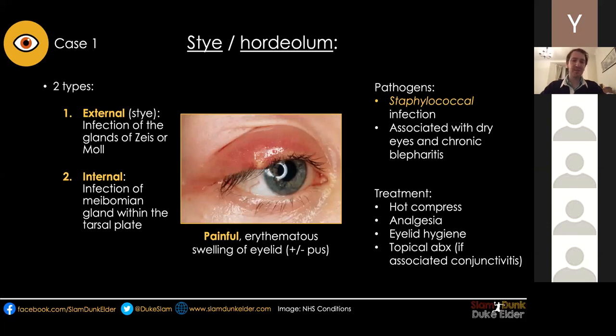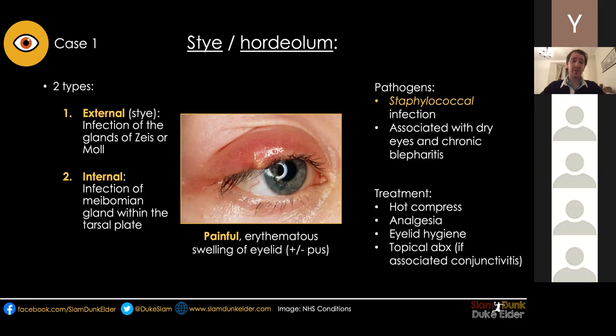So you split these into two types, external and internal. Your external is your stye, which is an infection of the glands of the lash follicle. So this is your glands of Moll, which are sweat glands, and your glands of Zeis, which are sebaceous glands.